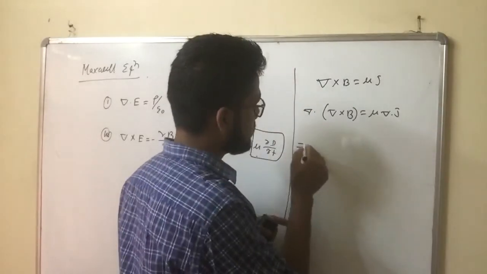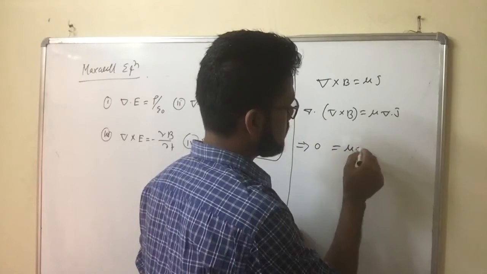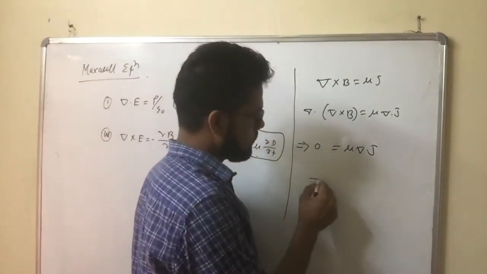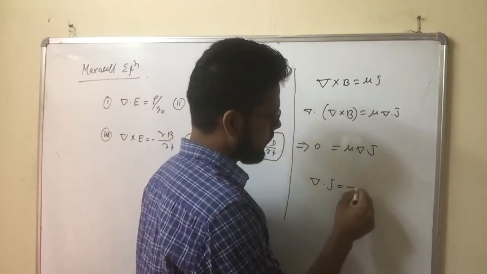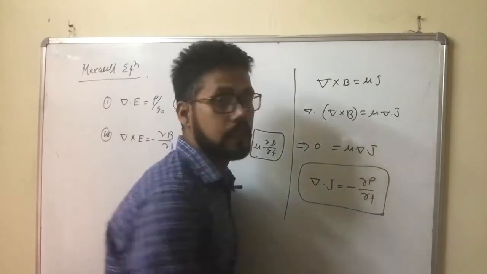This is the rule of vectors. That means the left hand side is 0. But what about the right hand side? Mu times divergence of J. We know the continuity equation: divergence of J equals minus d rho by dt. This is the continuity equation in electromagnetic theory.